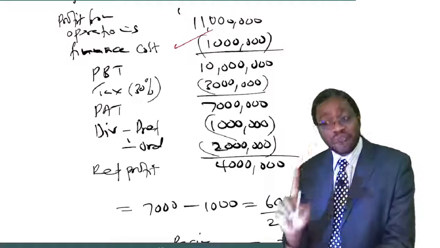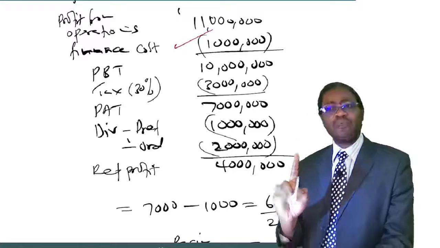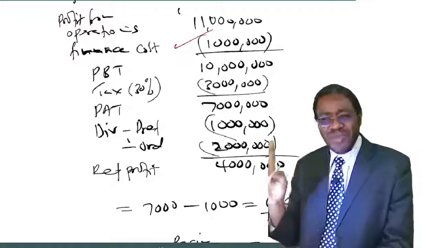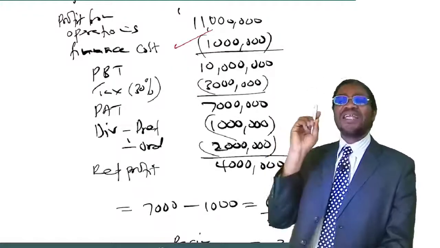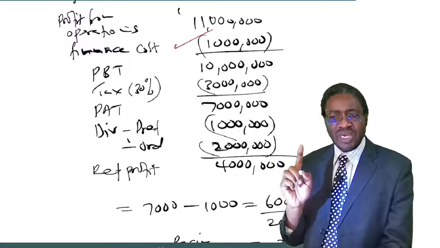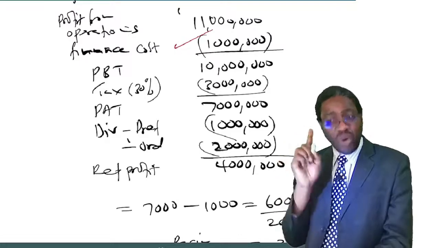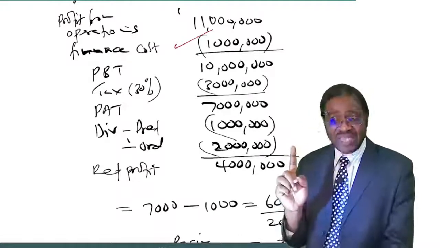Currently, the profit after tax is 7 million. But what would have been the profit after tax had they exercised the right and converted?